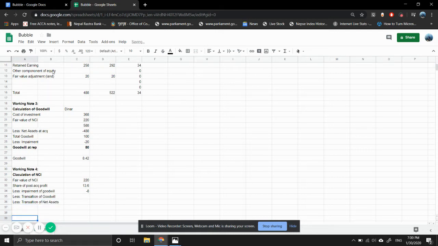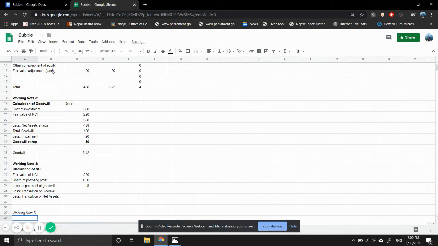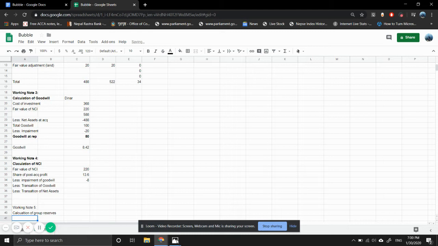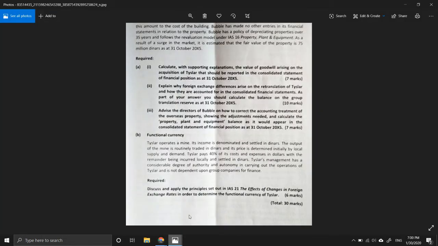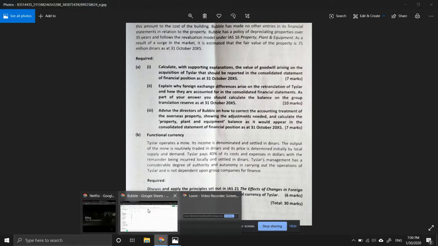Okay, so working note 5 will be group reserves calculation. Isn't that what the question was asking us? Group reserves, or was it saying something about translation reserve? Okay.